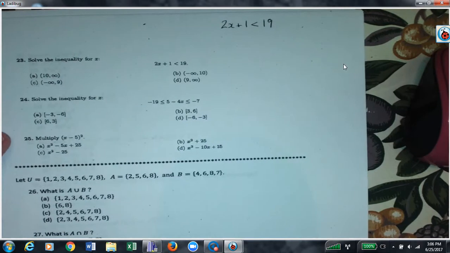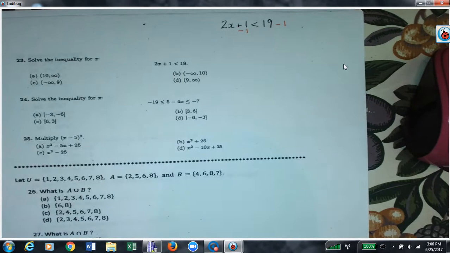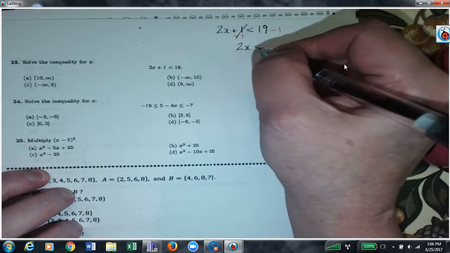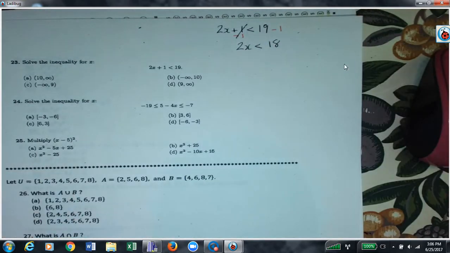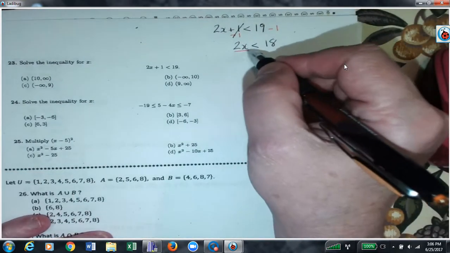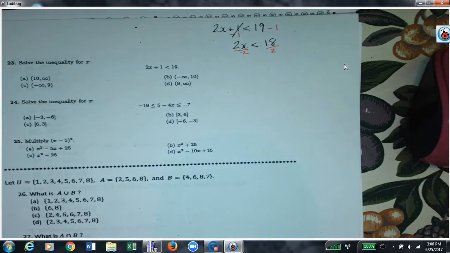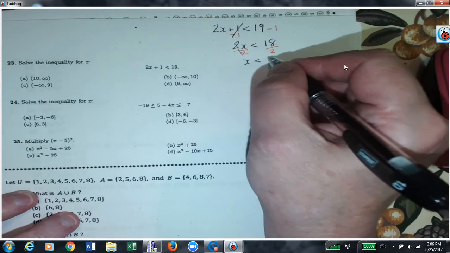Okay, so what I'm going to do here is subtract 1 from both sides. So this will give me that. And then finally, to get x by itself, I'm going to divide both sides by 2. So the 2's will cancel here, and I'll have x is less than 9.